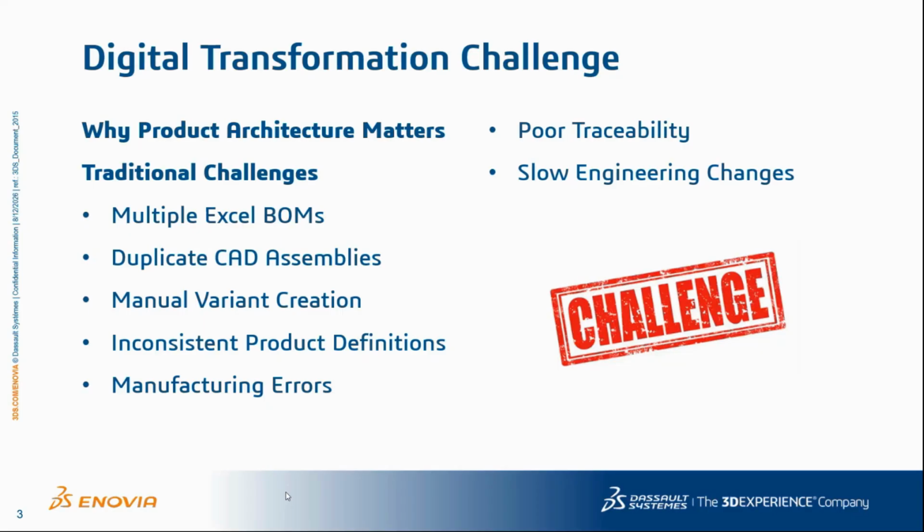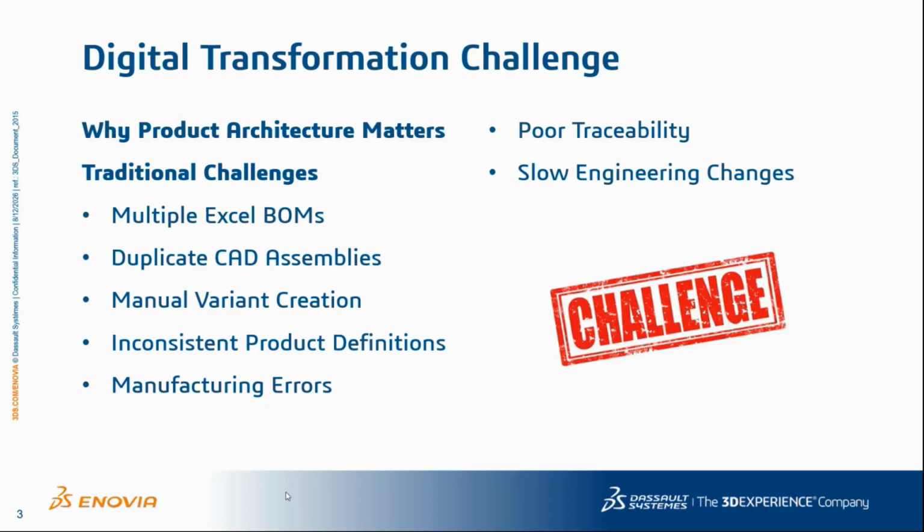All these traceabilities are completely coming into question. Then you have slow engineering changes. Any changes which the cross-functional teams or even the design team bring into the picture are executed in a very slow-paced manner.